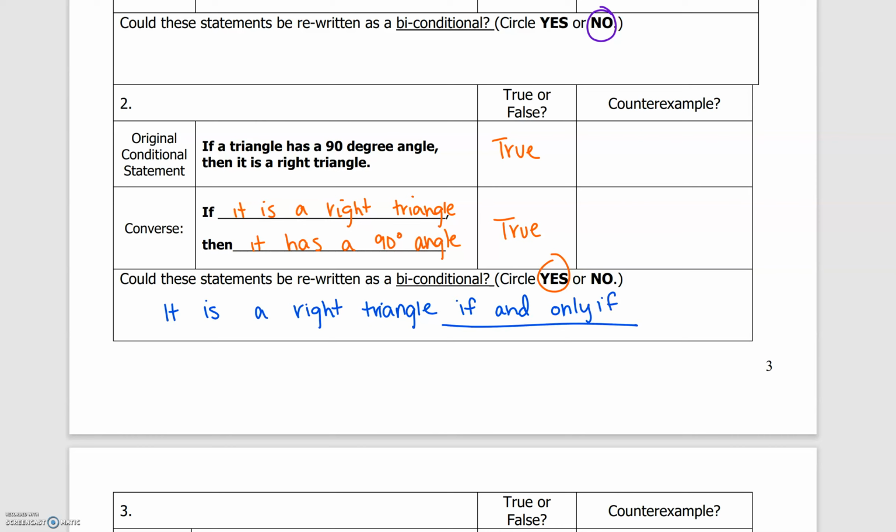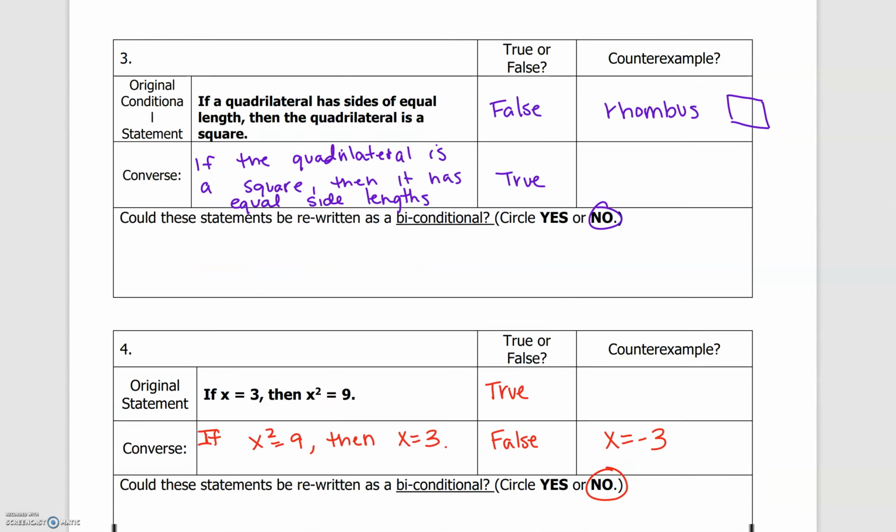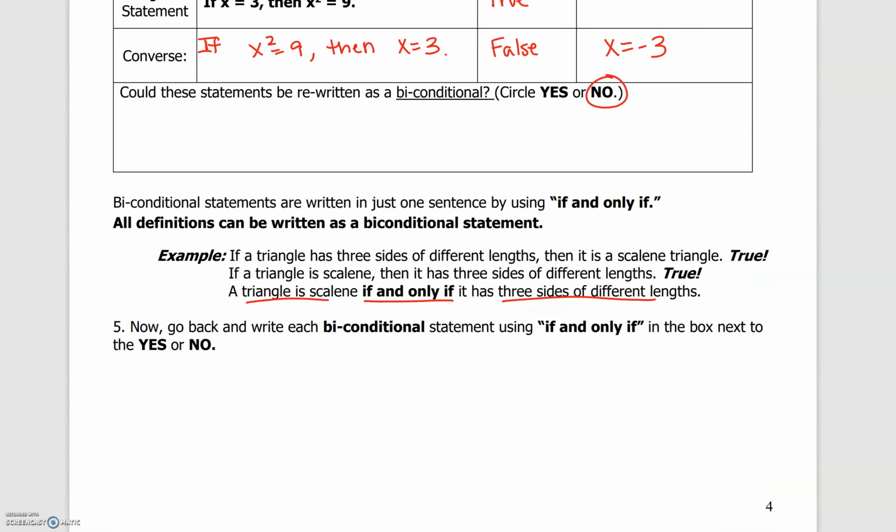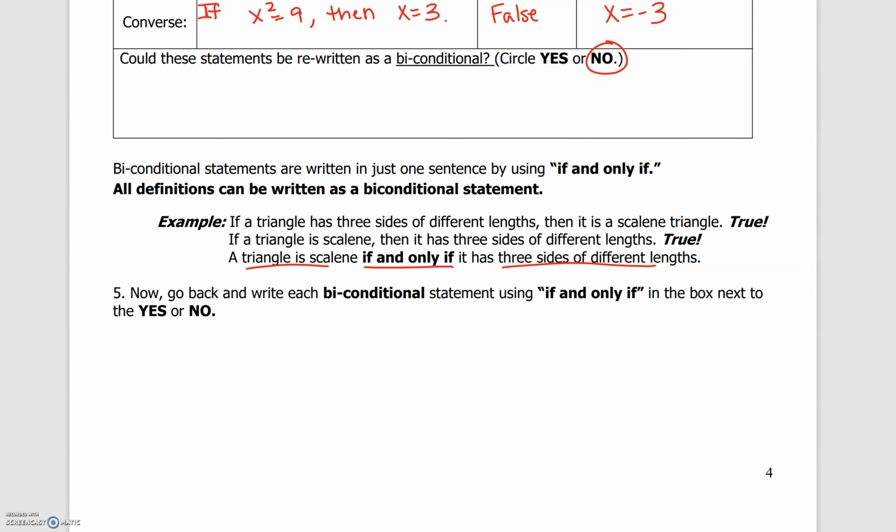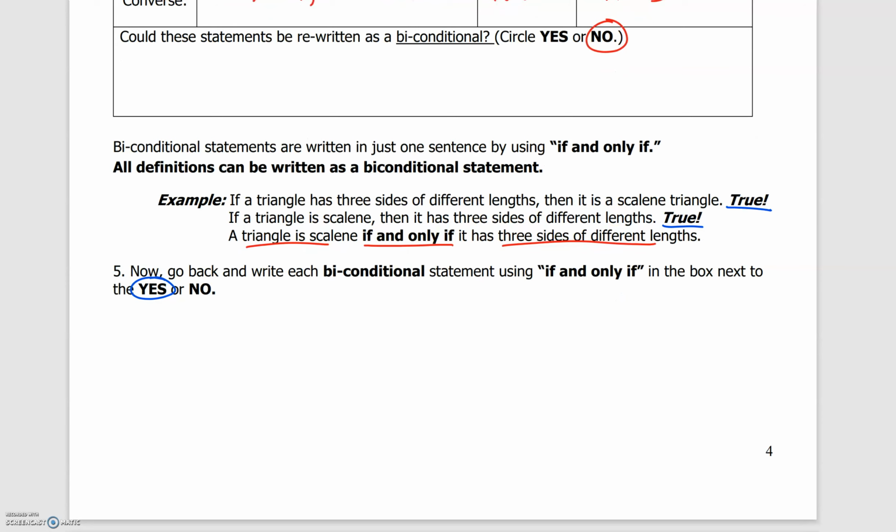So it's a right triangle if and only if it has a 90-degree angle. Okay, so that's how we write a biconditional statement, and we can only do that if it's next to a yes, meaning both the conditional and converse are both true.